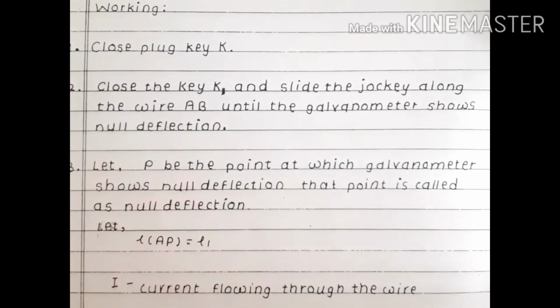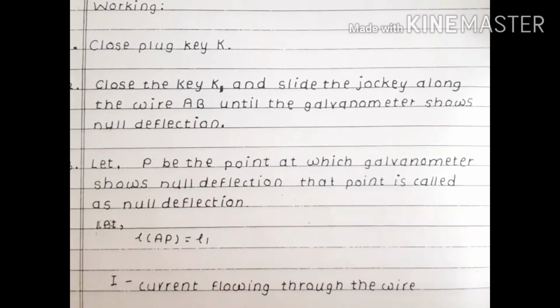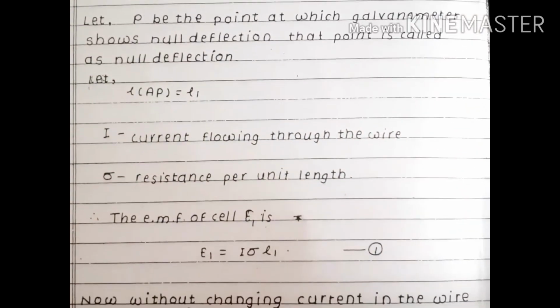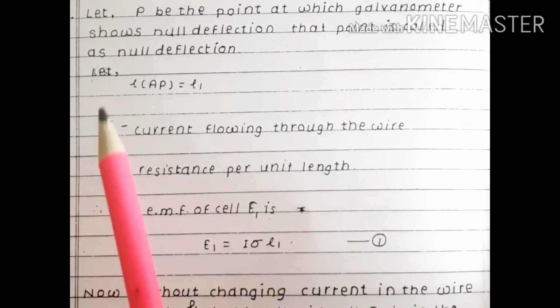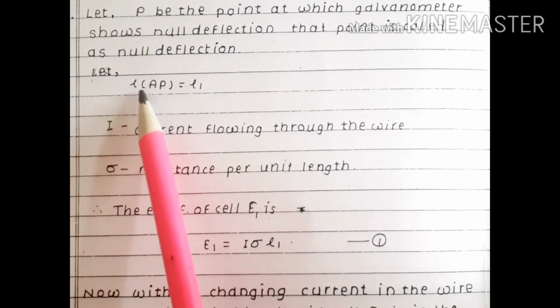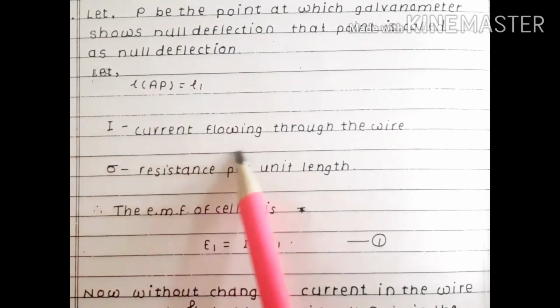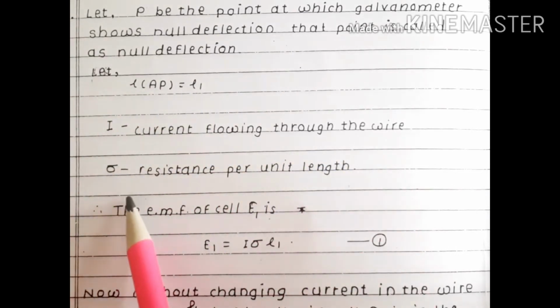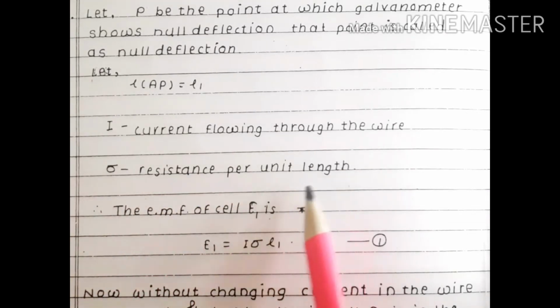These are some points related to working. Now here we have already measured the distance between A and P, it is L1. Let the length between A and P be L1, I be the current flowing through the wire, sigma be the resistance per unit length.